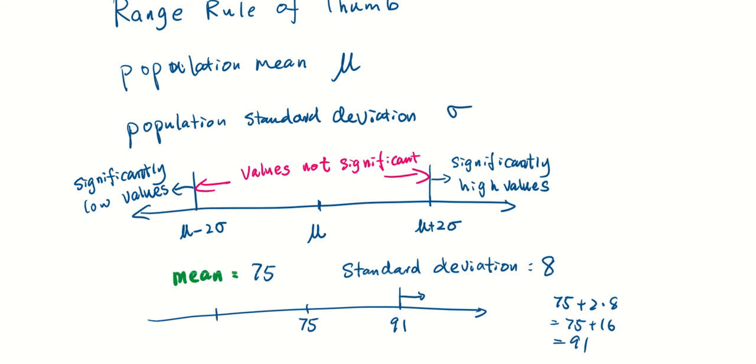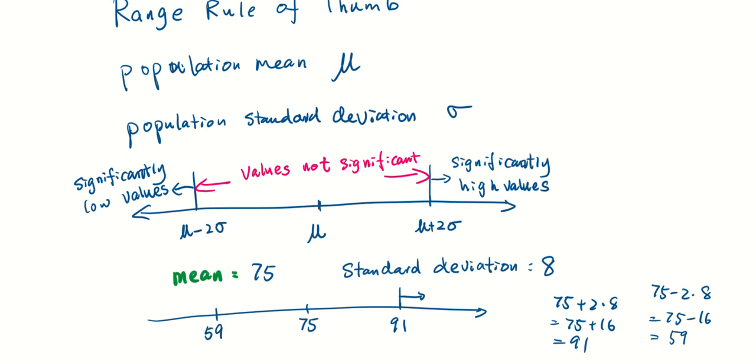And any score that is 2 standard deviations below 75 is considered significantly low. In this case, it will be 75 minus 2 times 8. That will be 75 minus 16, that is, what is it? 59. Right?